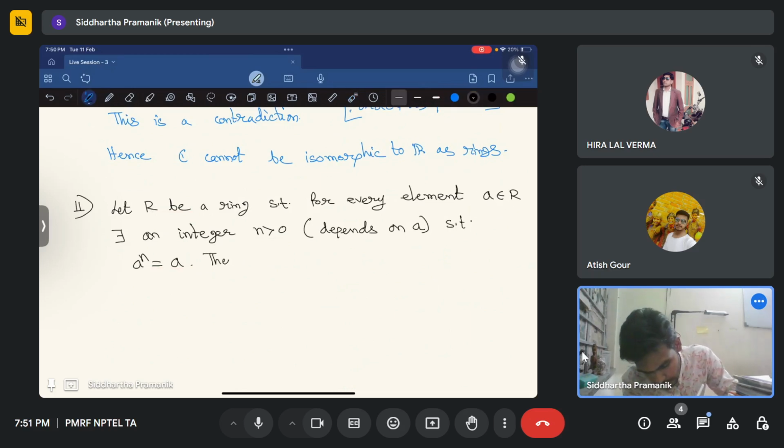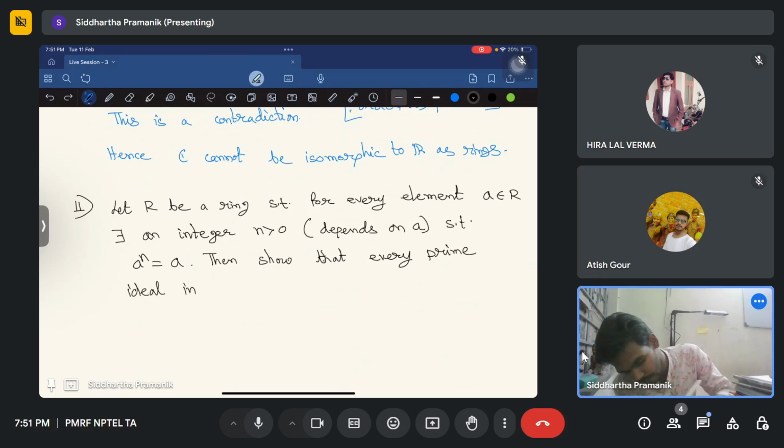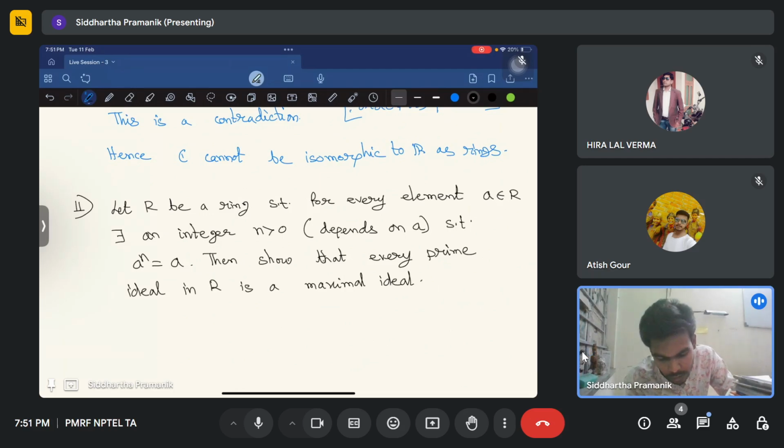Then every prime ideal in R is a maximal ideal. So we have seen rings in which there are prime ideals which are not maximal ideals.